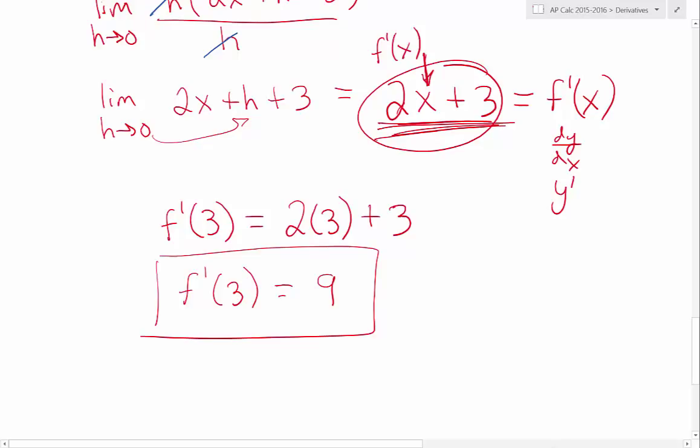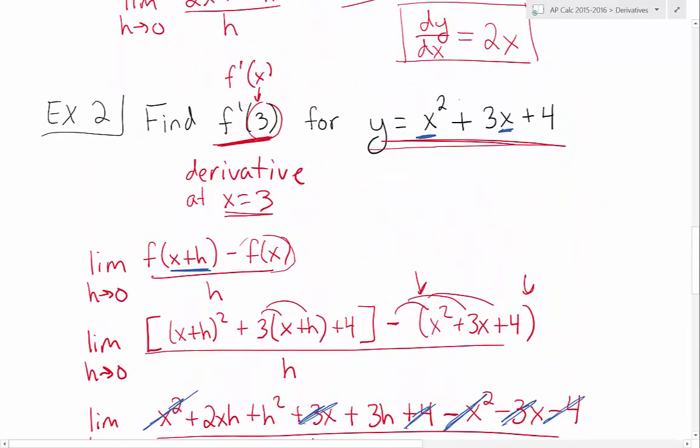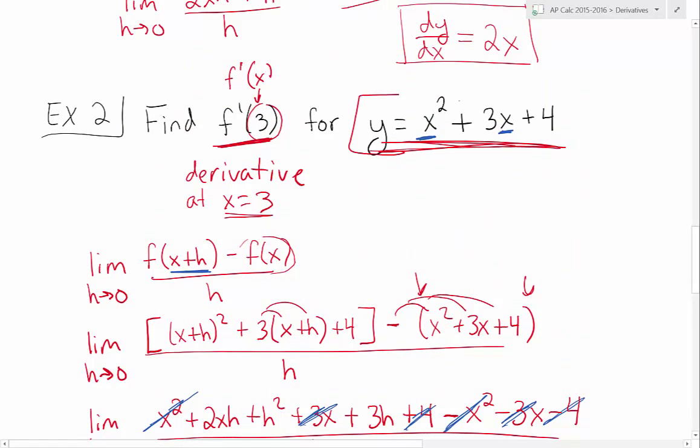Then we plug in 3, and 9 is the slope at x equals 3. So if we come back to this x squared plus 3x plus 4, when x equals 3, the slope, or the derivative, dy dx, of this function is equal to 9.